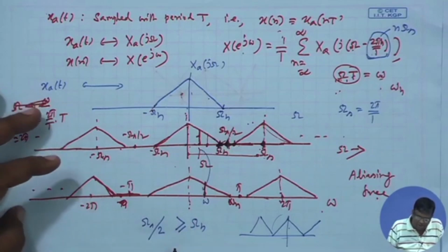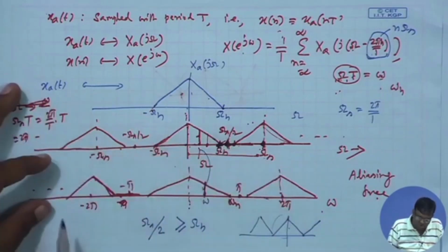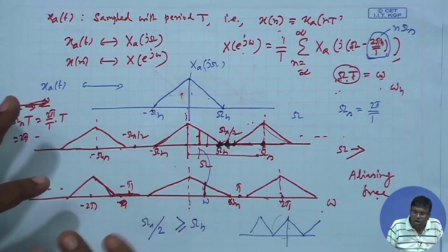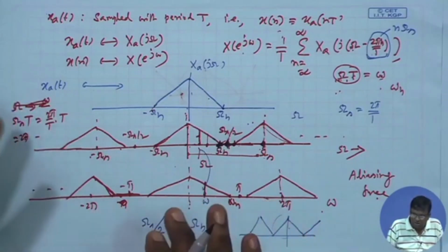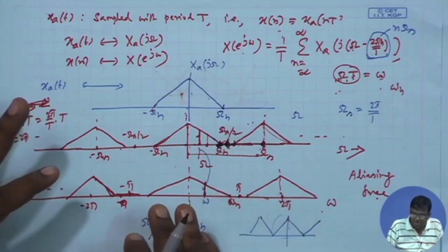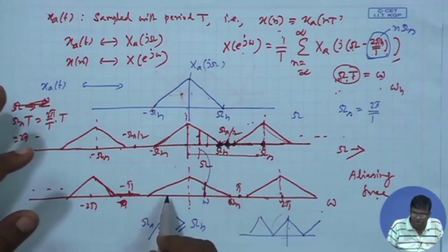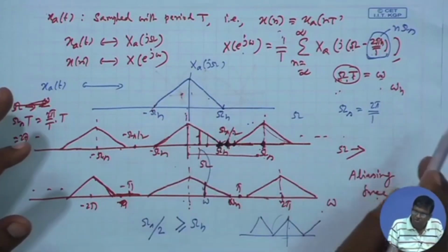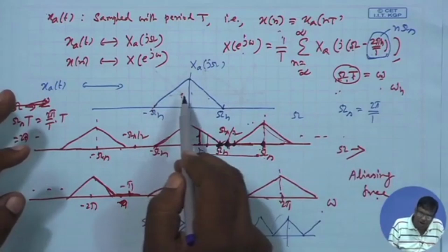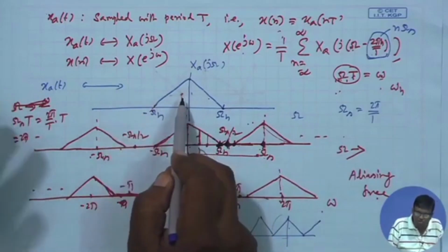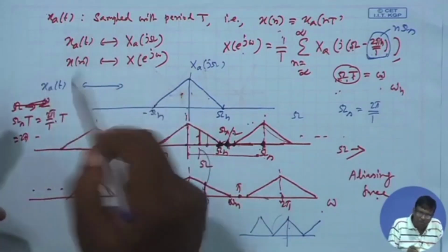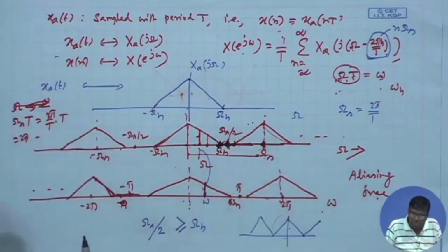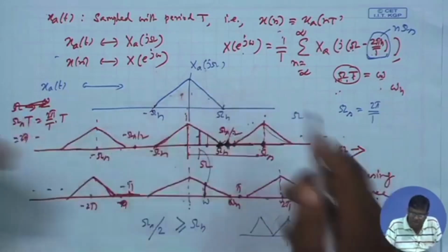It says that for perfect reconstruction, in order to be able to get back my analog function from the sequence, because if I know the sequence, I know the DTFT, but from the DTFT can I get back to the original analog Fourier transform, and therefore, by inverse analog Fourier transform on it, get the original time function x a t. For that, this kind of situation must prevail, that is, there must not be aliasing or overlap.